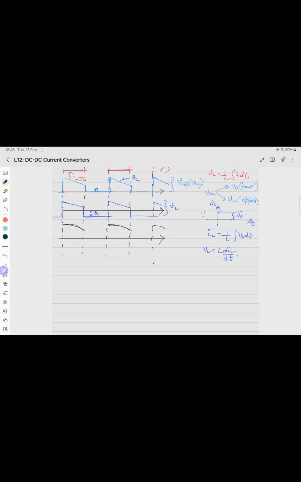If we integrate a constant term, this is minus V naught. You can write minus V naught, no need to write VC. So it will be a falling straight line like this. This is a straight line, and this is a falling curve like this.